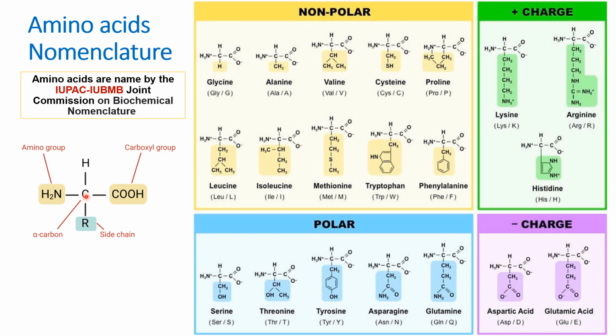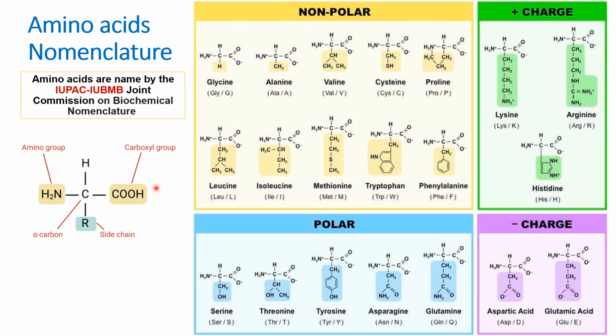So because they are alpha amino acids, the alpha carbon has the amino functional group on it. So here what we see is the names of all the 20 amino acids, and it is given in 4 quadrants. The first quadrant is non-polar amino acids. The second is polar amino acids, then positively charged, negatively charged.